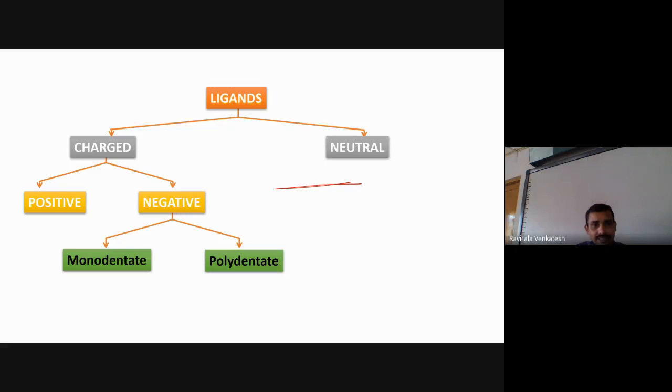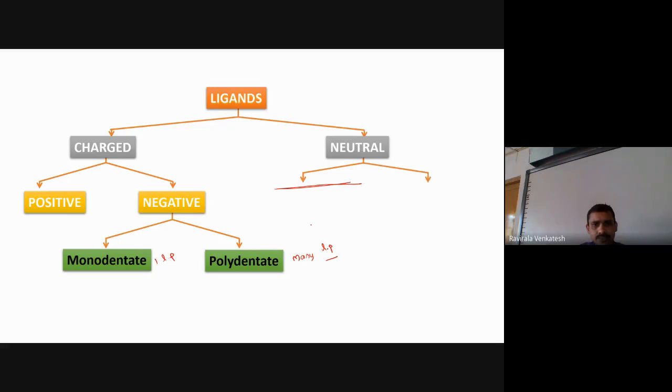Now negative ligands are classified into 2 types: monodentate and polydentate. Monodentate means it can donate only 1 lone pair. Polydentate can donate many lone pairs, and in most cases the maximum will be 6.